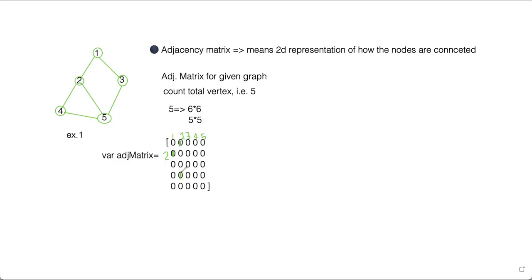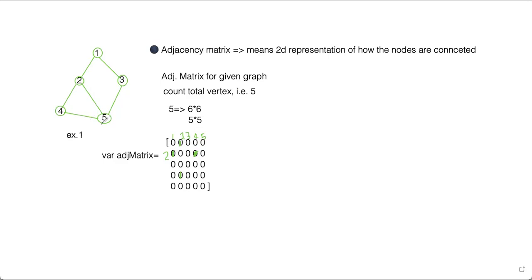So this is 2 comma 4, and go for 4 comma 2 also: fourth row and second column. So here we have 2 comma 4 and 4 comma 2 also, right?